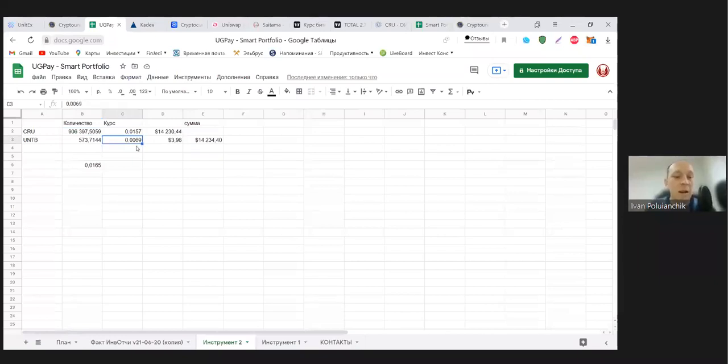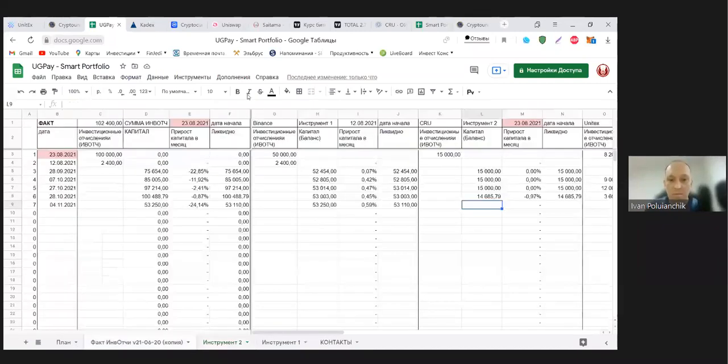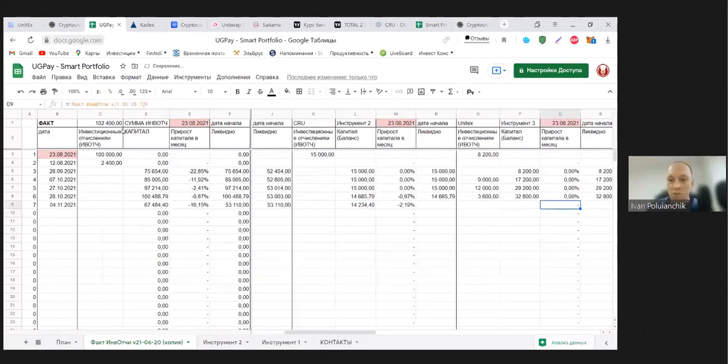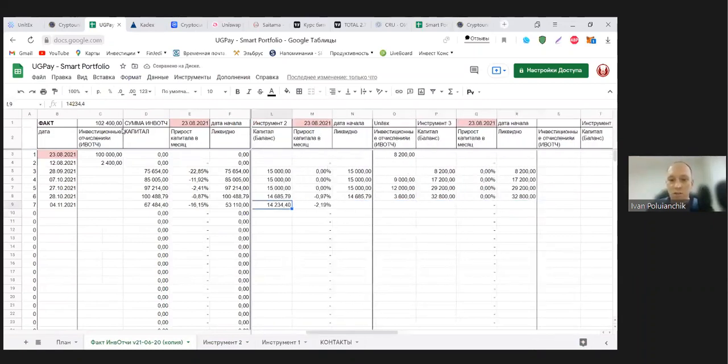And the UNTB tokens, since they are mined and new tokens appear, then the price will be growing all the time. Currently, it's 14,234. Let me put it in here, 14,234. Here we go.